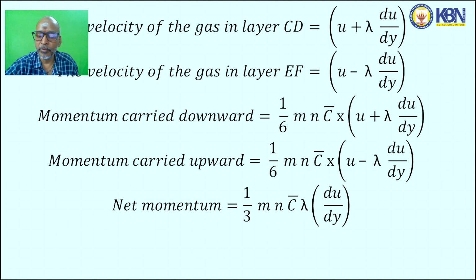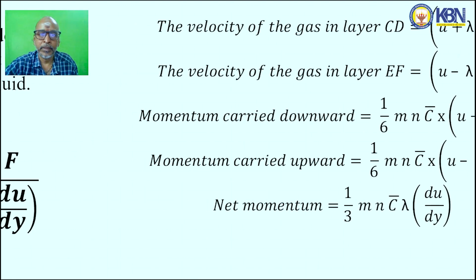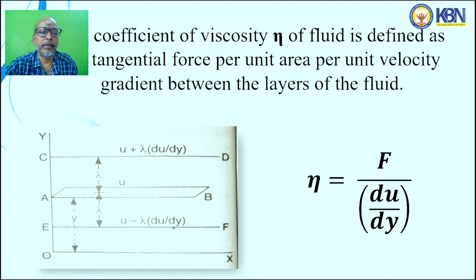See here, the momentum is more in layer CD and less in layer EF. So the momentum is transferred from CD to EF through AB, and at the same time momentum is transferred from EF to CD through AB.